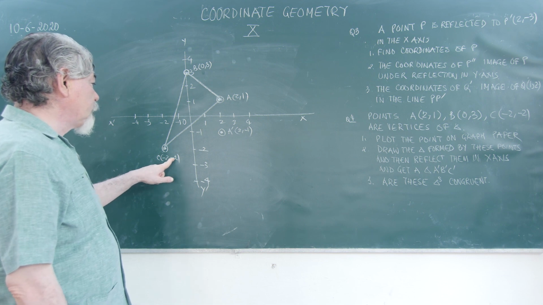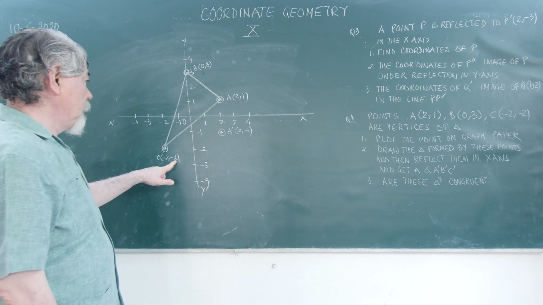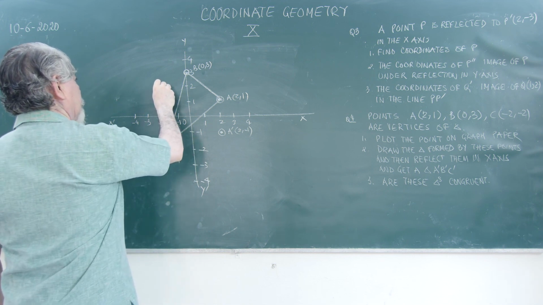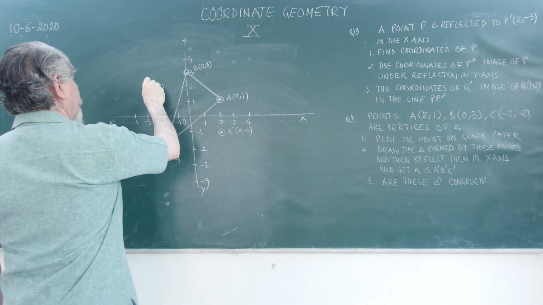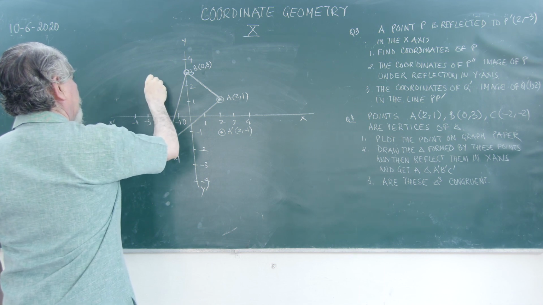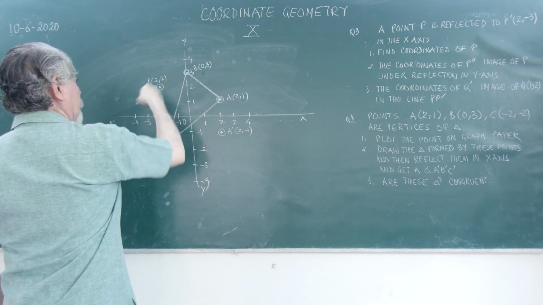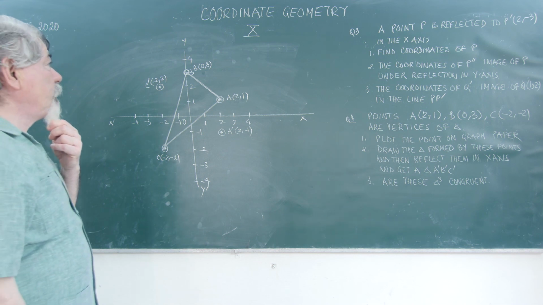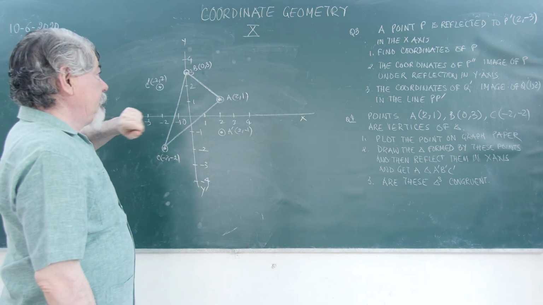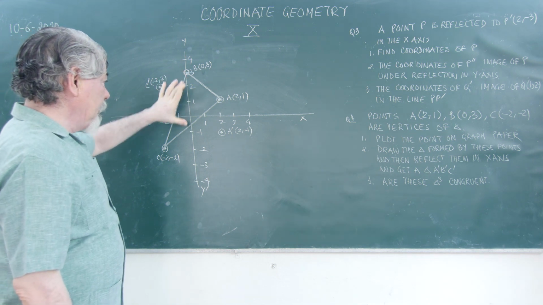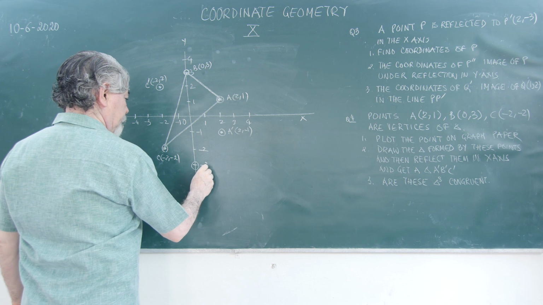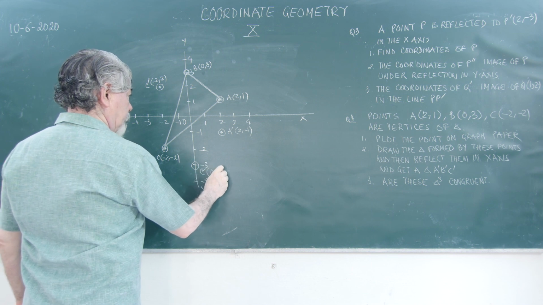It will become (-2, 2). It will come somewhere here, C dash. And when you reflect the point B in the x-axis, it is (0, 3), it will become (0, -3). It will come here, B dash.